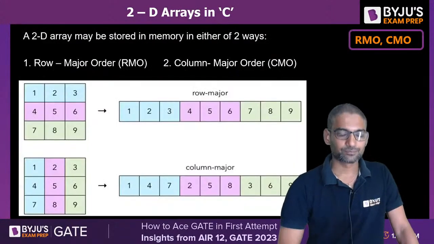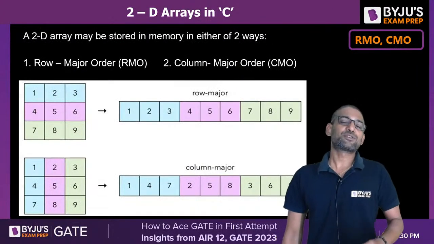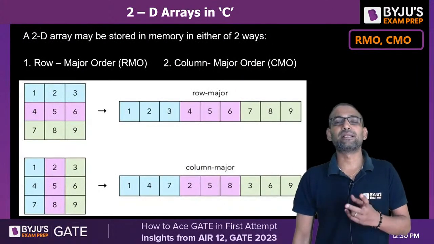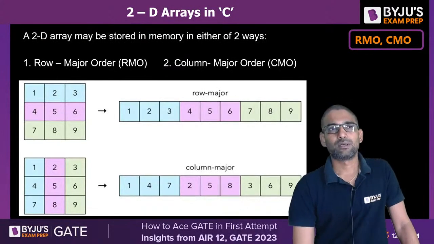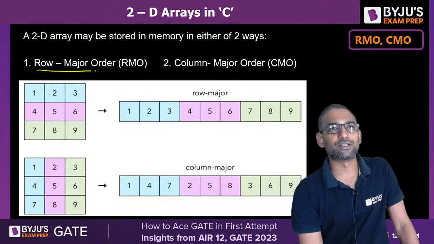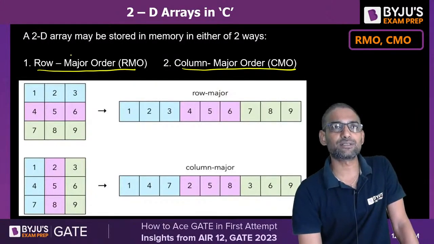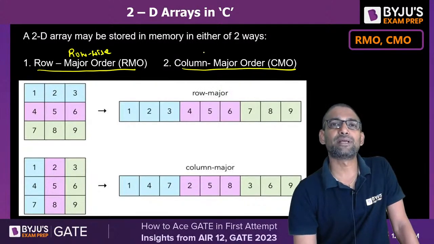Now, a 2-dimensional array can be stored in memory in either of 2 ways. That is row major order and column major order. Row major order means row wise. Column major order means column wise.